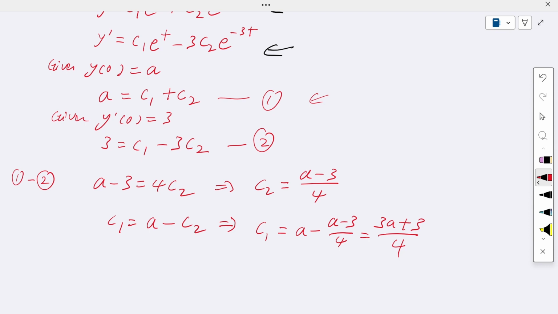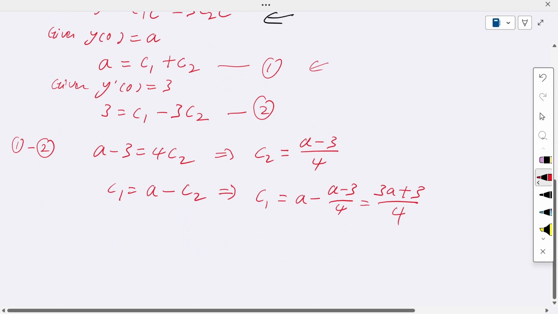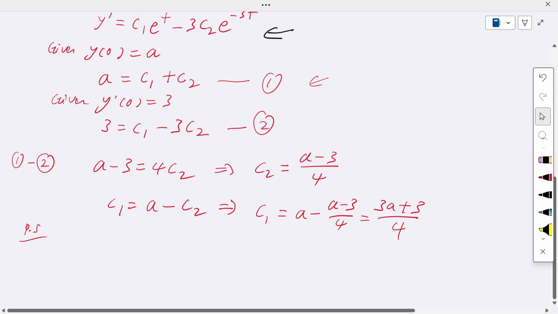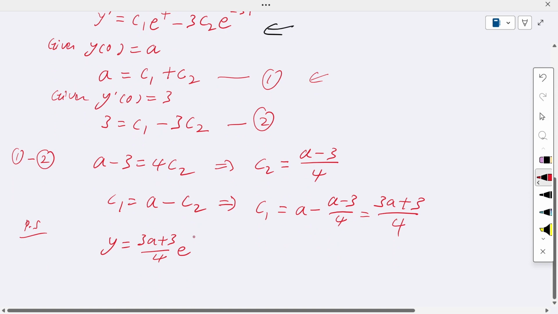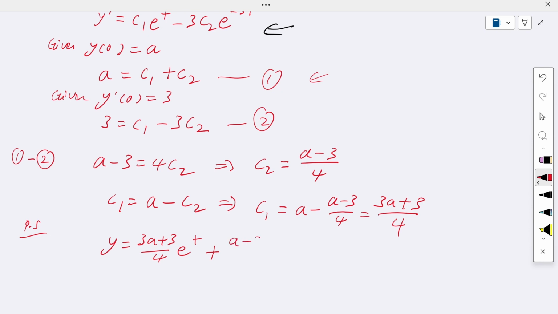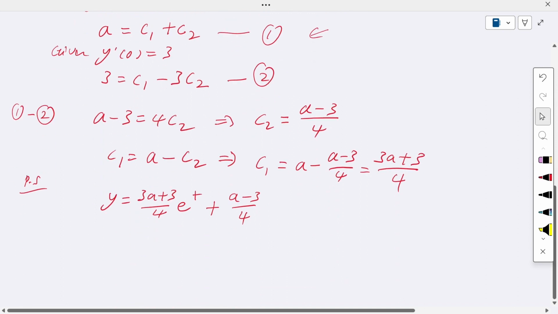Now we're going to substitute back c1 and c2 into our general solution. So we get the particular solution. In our particular solution, we have y equal to c1, which is (3a + 3)/4 times e^t, plus c2, which is (a - 3)/4 times e^(-3t).